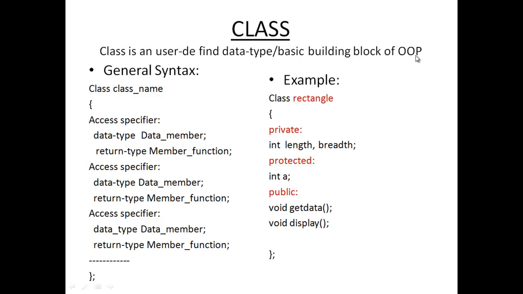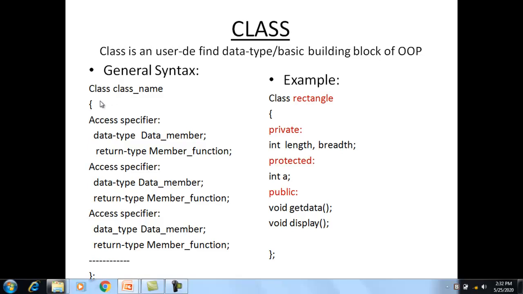Okay, so first I tell you about the general syntax of a class and then the example of a class. Okay, so see the general syntax here. First I write the keyword class, then the name of the class. Then start the curly bracket, that is the brace, and within the brace declare some data members and member functions.